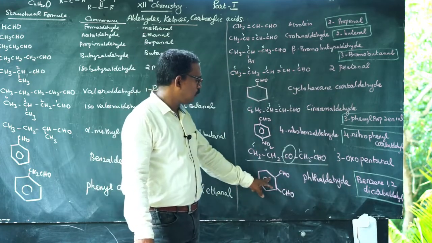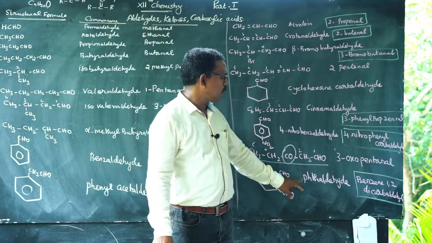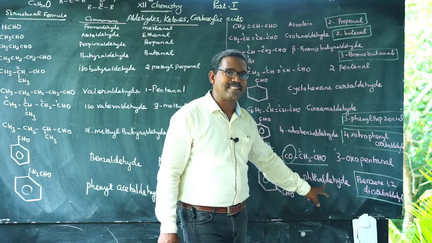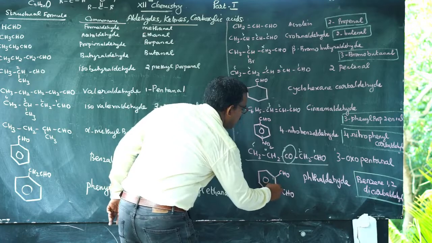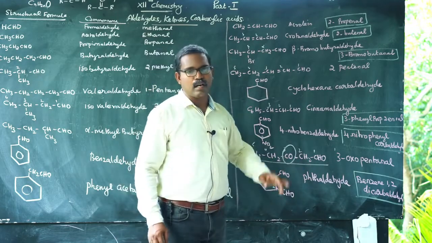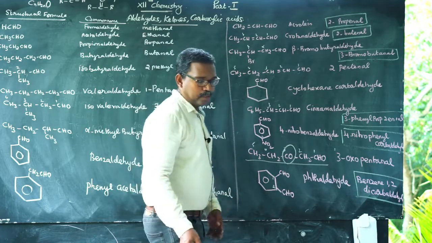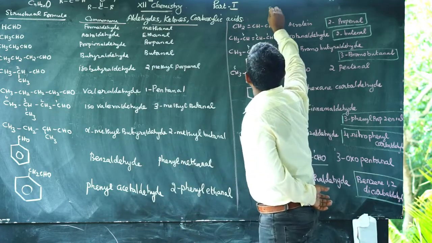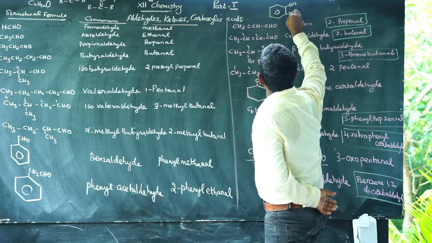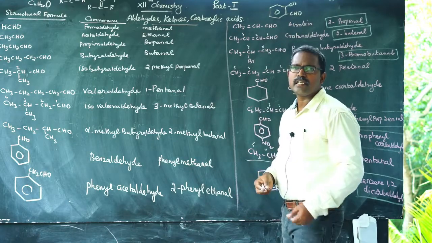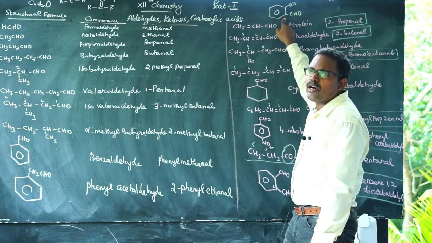And this aromatic compound with 2 aldehyde groups is called phthalaldehyde, benzene-1,2-dicarbaldehyde. And another compound, with OH and CHO groups, is salicylaldehyde.